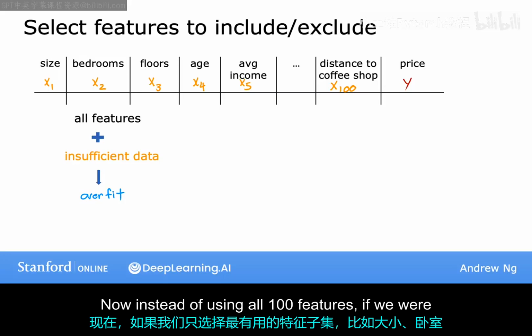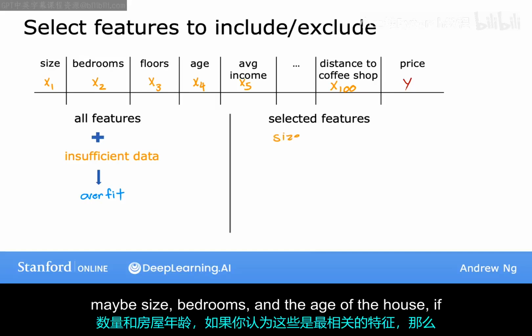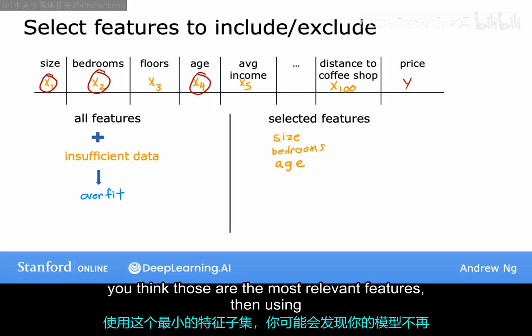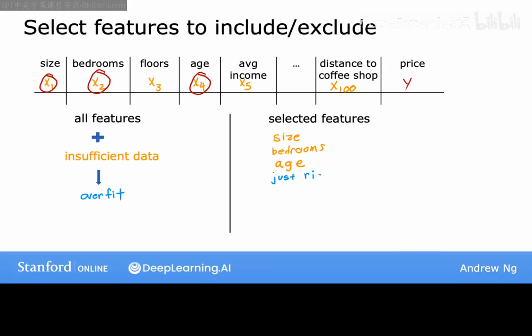Now, instead of using all 100 features, if we were to pick just a subset of the most useful ones, maybe size, bedrooms, and the age of the house, if you think those are the most relevant features, then using just that smaller subset of features, you may find that your model no longer overfits as badly.